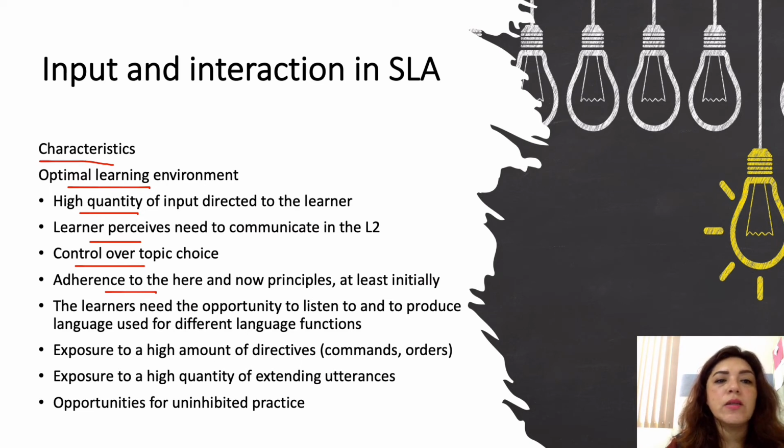The learners need the opportunity to listen to and to produce language, use different language functions, exposure to a high amount of directives, in this case the commands or orders, and exposure to a high quantity of standing utterances, and opportunities for uninhibited practice.